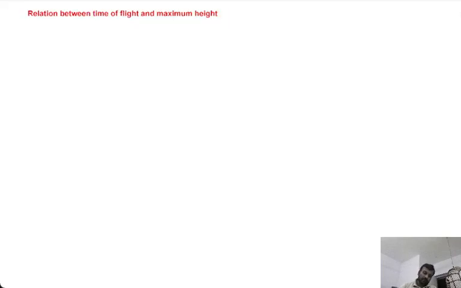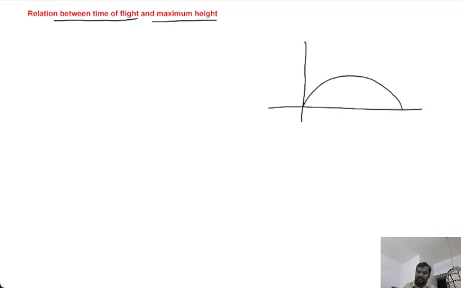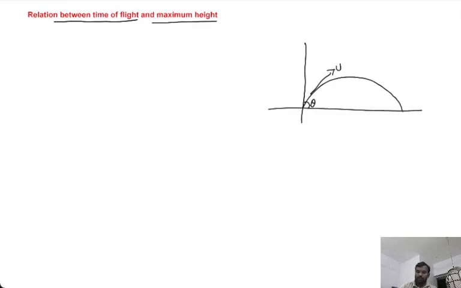Next topic, relation between time of flight and maximum height. Let a body be projected with initial velocity u at an angle theta. Now observe this diagram: the shortest displacement from the highest point to the bottom is the maximum height.